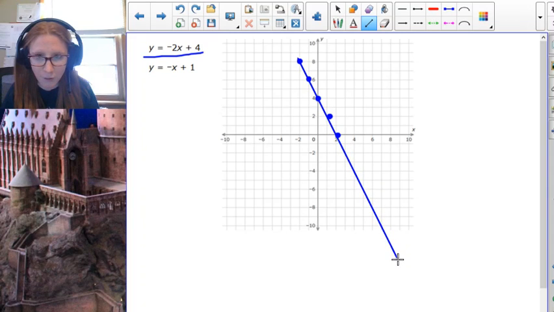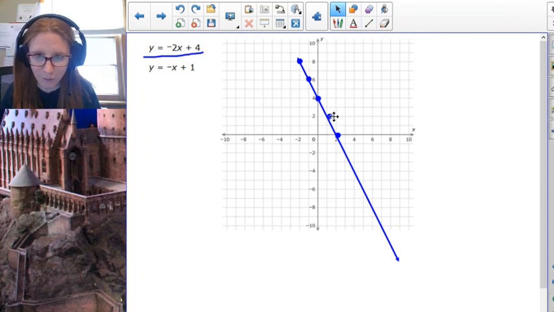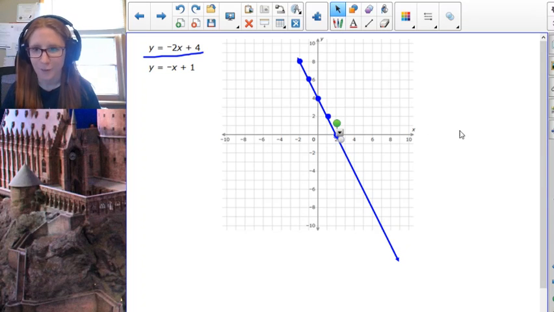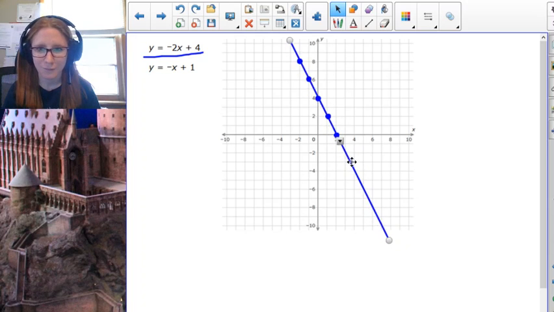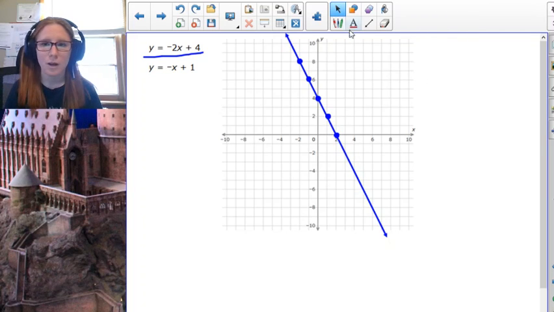My dots are not the most accurate on my computer, so my dots to my line are slightly off. So we'll just fix them real quick. It's really hard to be accurate when you're graphing a line like this on your computer with your fingers. It's not the easiest thing in the world.